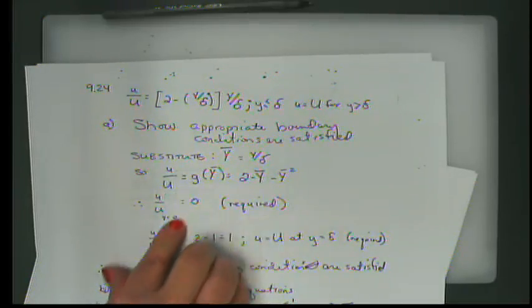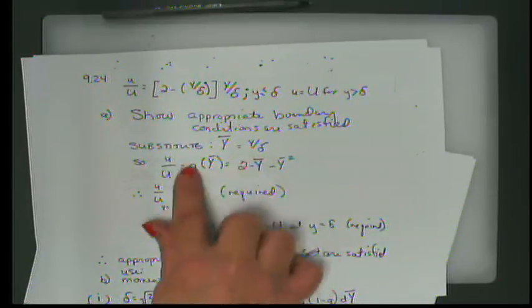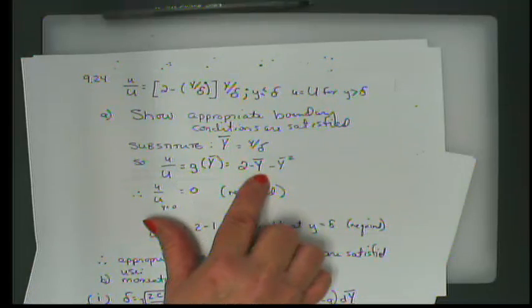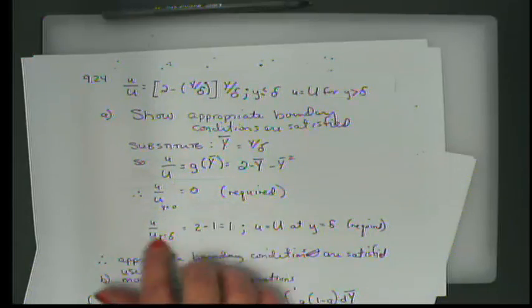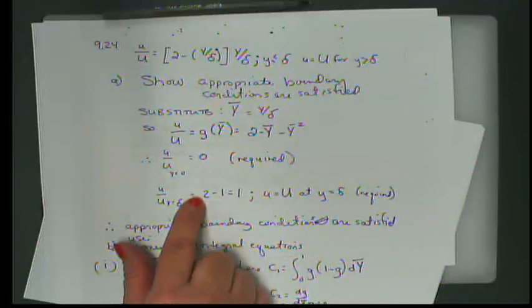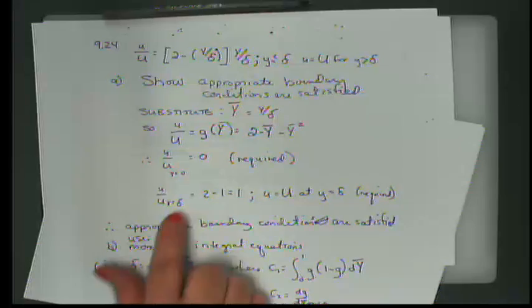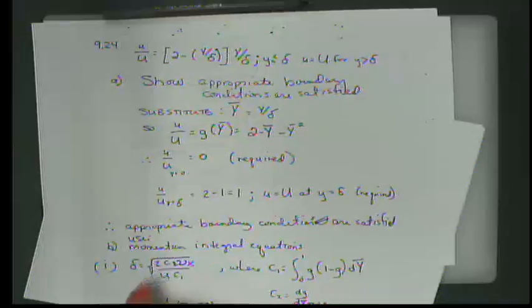So this has the form of a mathematical proof. We do a substitution so that we can work out this equation a little bit more simply. So we have this and this. This is required, and this is required. And so when you go through the math in this way, putting in the appropriate numbers, we have that the appropriate boundary conditions are satisfied.